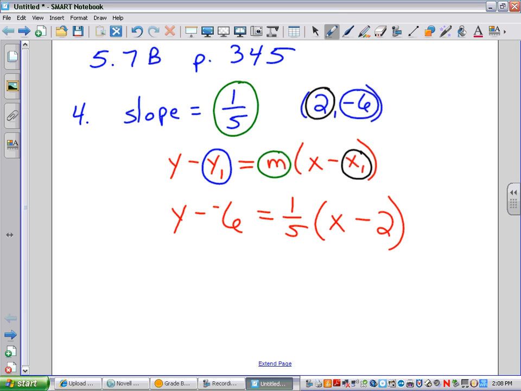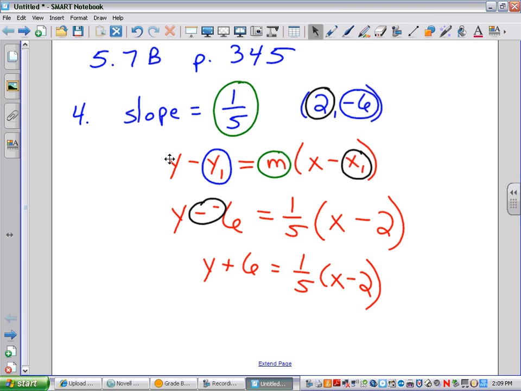I'm almost done. The only thing I have left is those 2 negatives would give me y plus 6 equals 1/5 x minus 2. That is my answer.